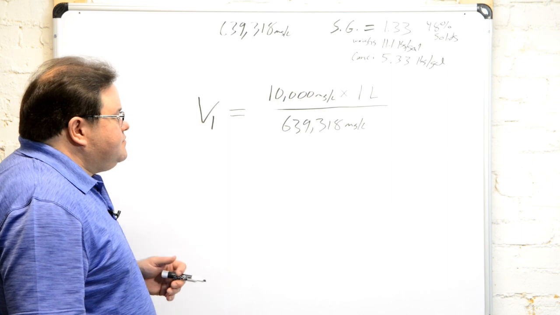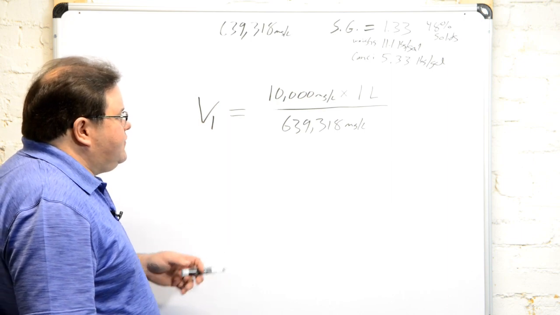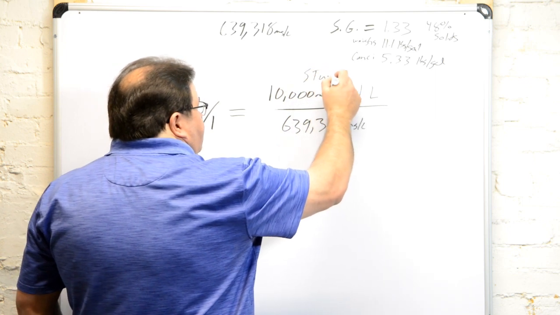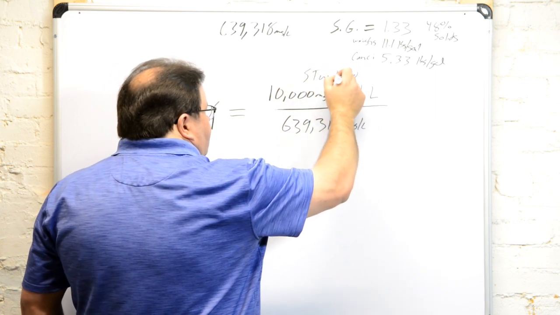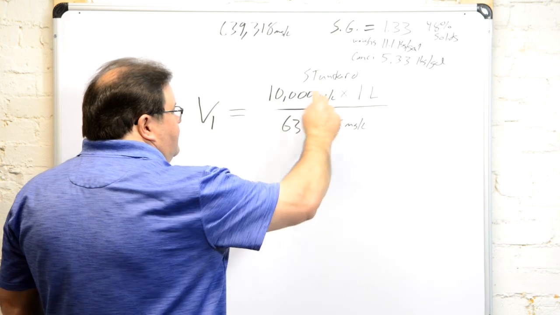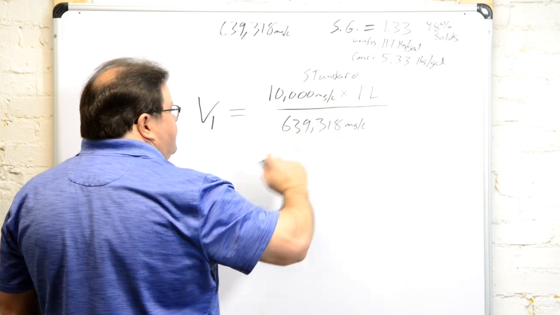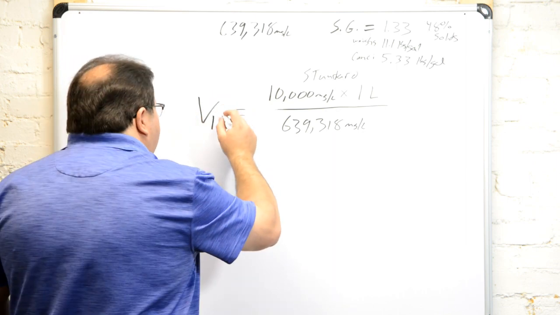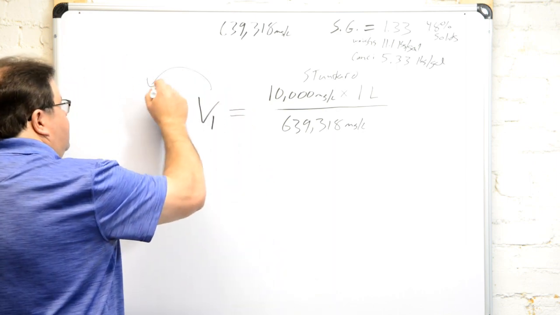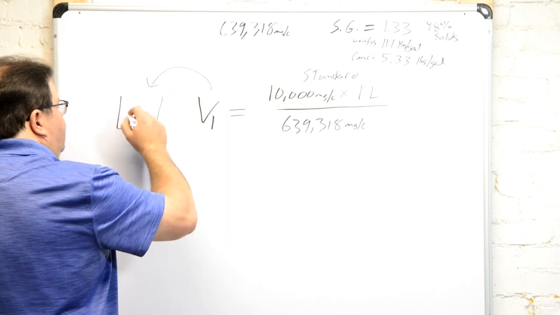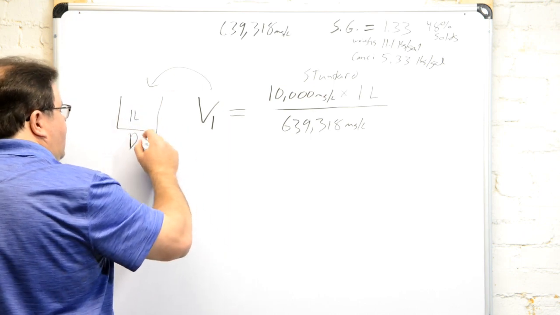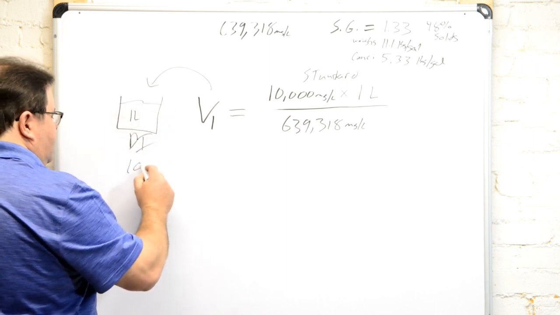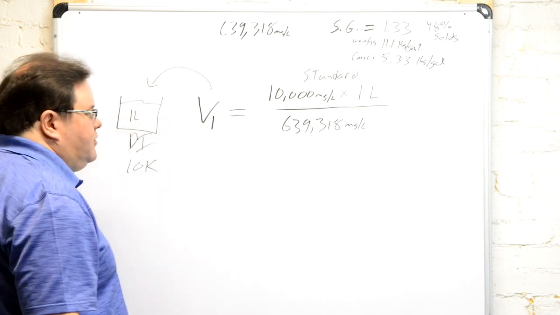Okay, had to pause there for a second. So we've got our standard solution over the concentration of our bulk solution, and it's going to tell us how much to add to 1 liter of deionized or distilled water to make 10,000 parts per million.